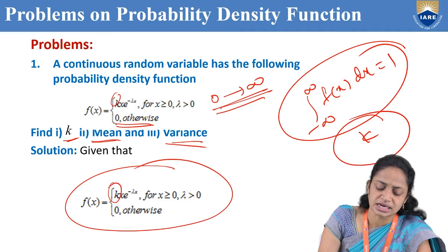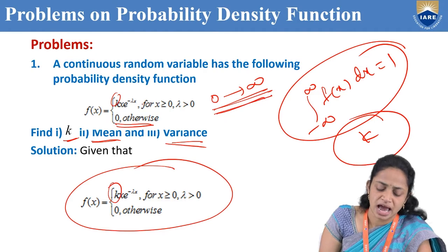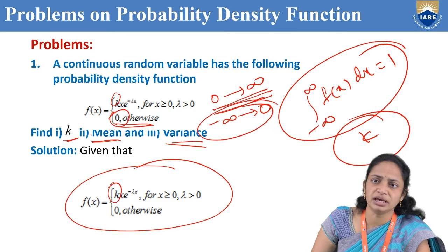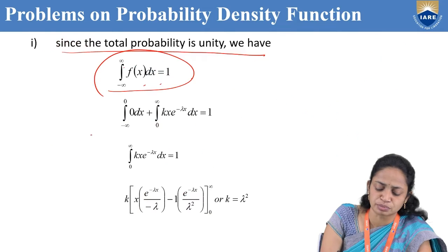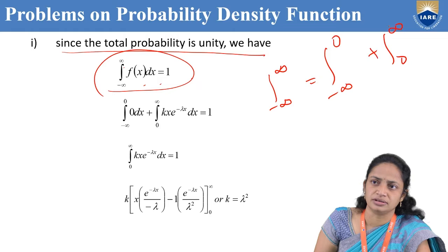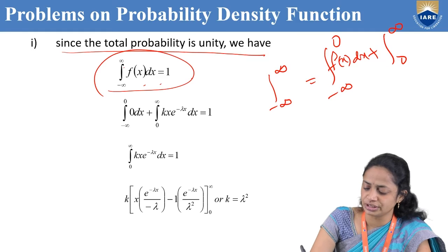Otherwise the function is 0. So we have to split the limits: minus infinity to infinity can be split into minus infinity to 0 f of x dx plus 0 to infinity f of x dx.